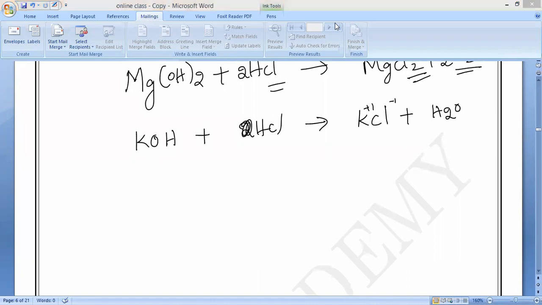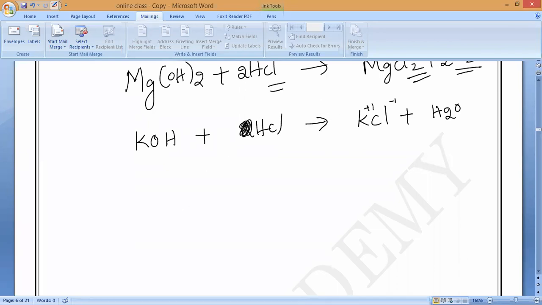Padmarshini, Arun Kartikeyan, Ganapati, Harini, anybody having any doubt, you can ask me. That's all. This is what you have to remember. If you observe very carefully, the seventh property is the reaction between metal oxides and acid, as well as metal hydroxides and acid.